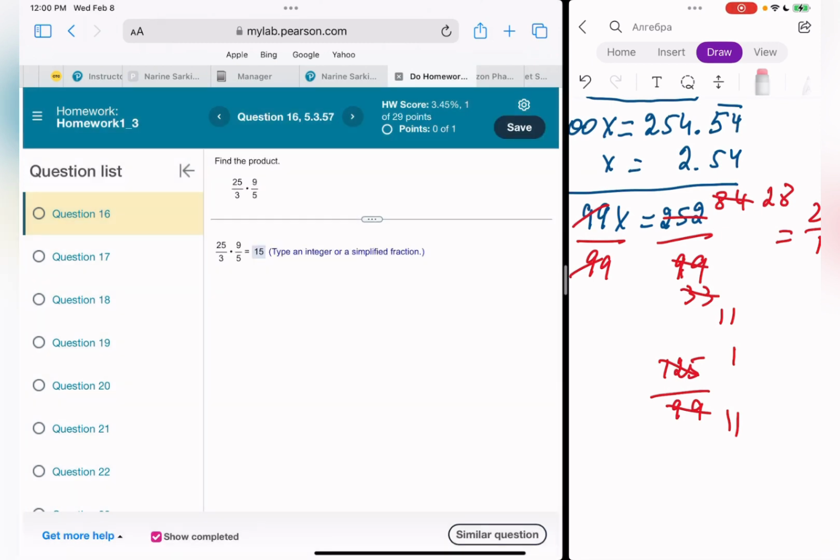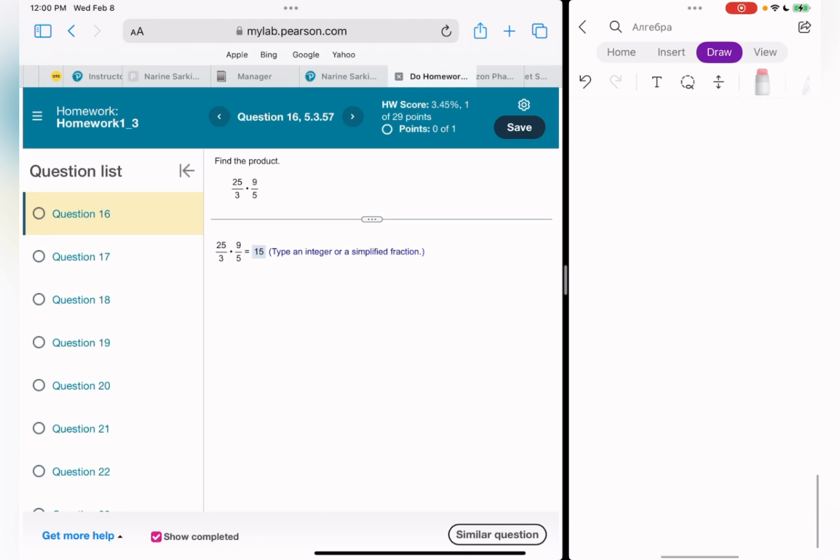What do we have here? 25 over 3 times 9 over 5. When we have multiplication, we take numerator multiplied by numerator, denominator multiplied by denominator.